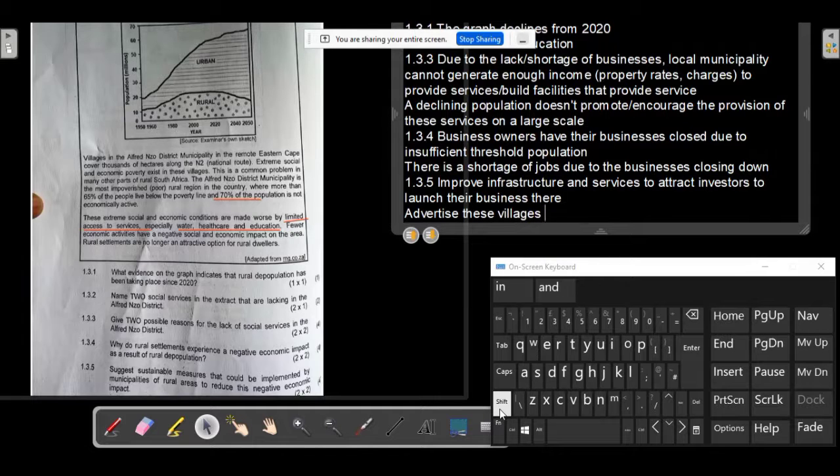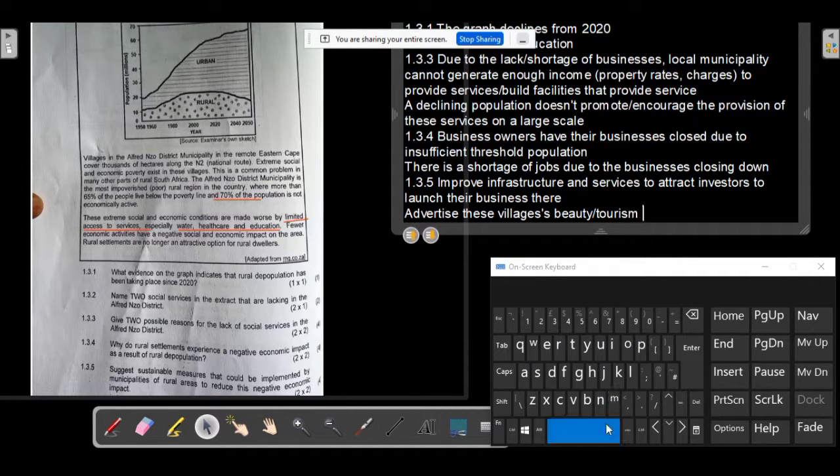So we have advertised these villages, or maybe villages' beauty, or you can say tourism. Let's promote the tourism.